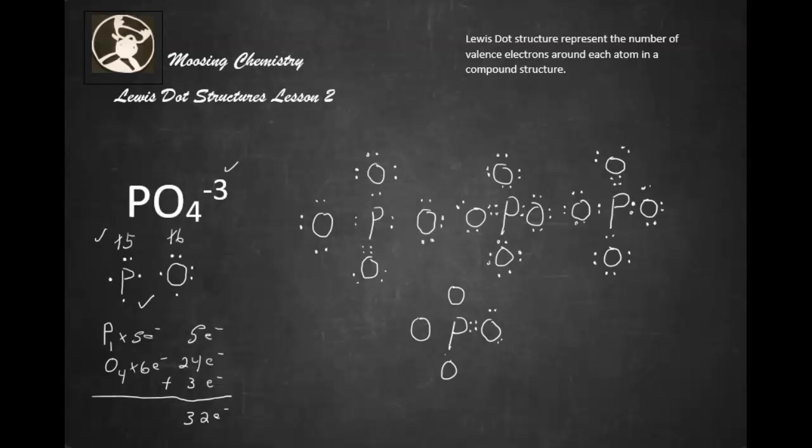I know, it's crazy. This structure is called a resonating structure, which means that there's more than one possibility on where those double bonds can be. We have a double bond and single bond combination, and we usually have a resonating structure.